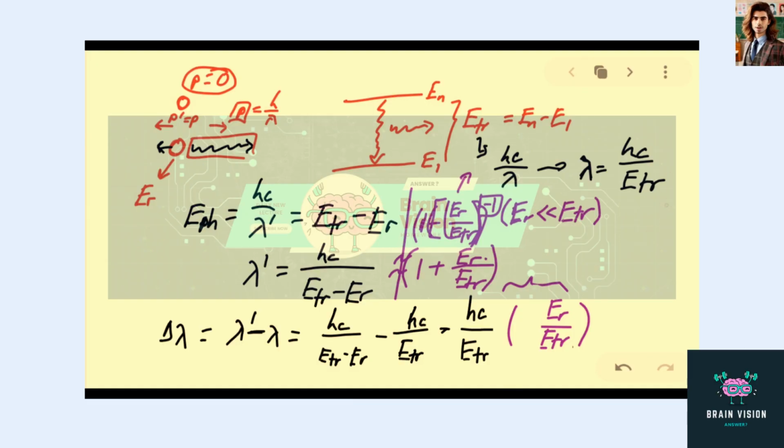What we can do is replace the E transition as hc over lambda over here, and what we should get is ER over hc multiplied by lambda squared.